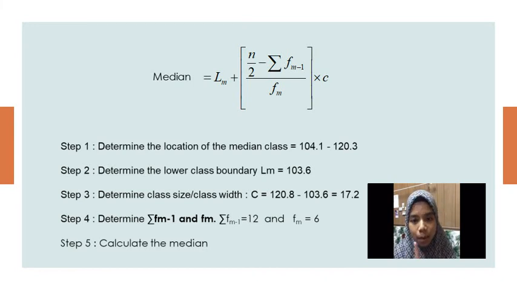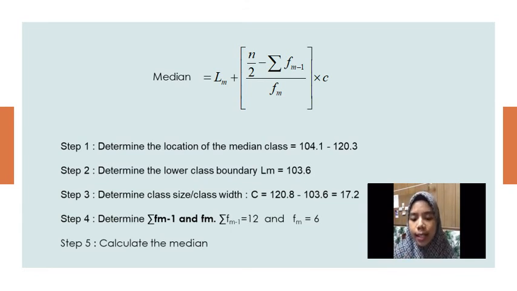Step 1: determine the location of the median class. n divided by 2 observation, 36 divided by 2 observation equals the 18th observation.